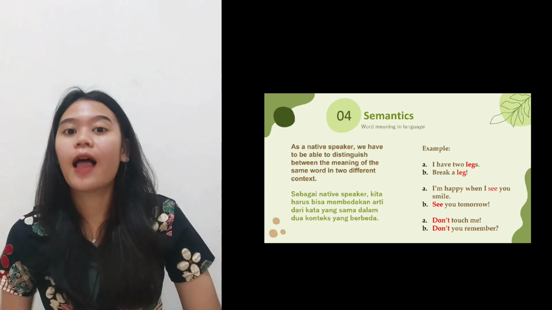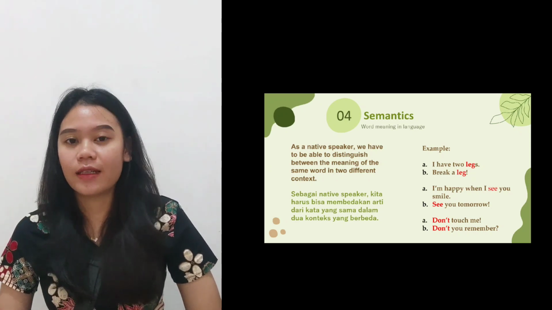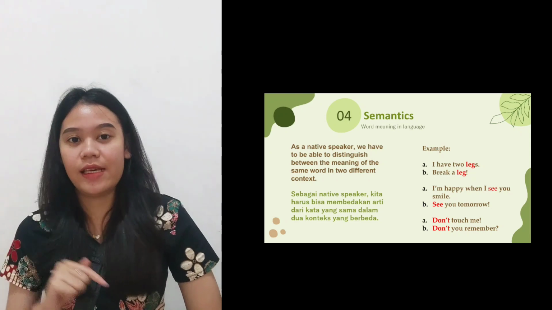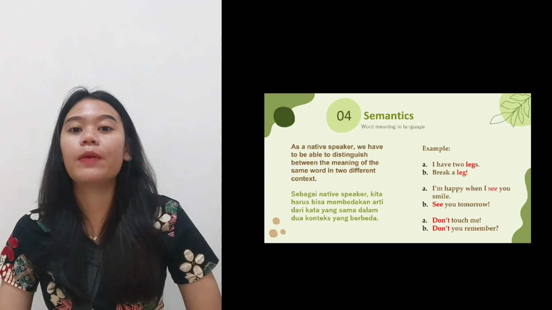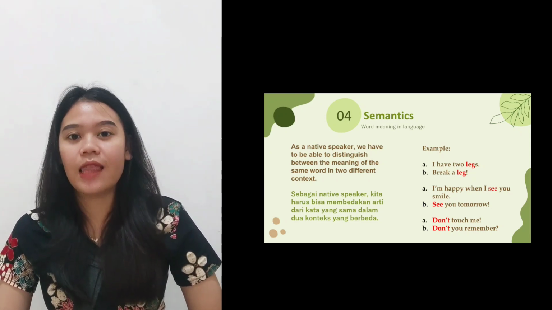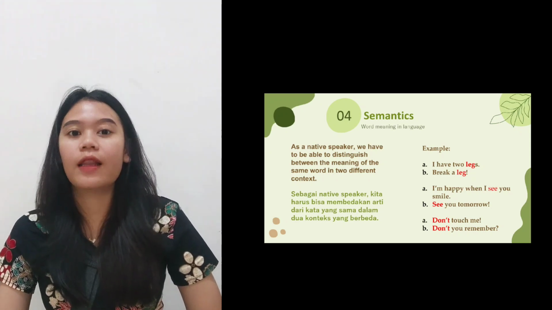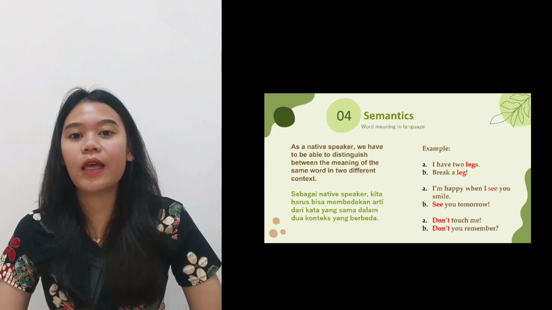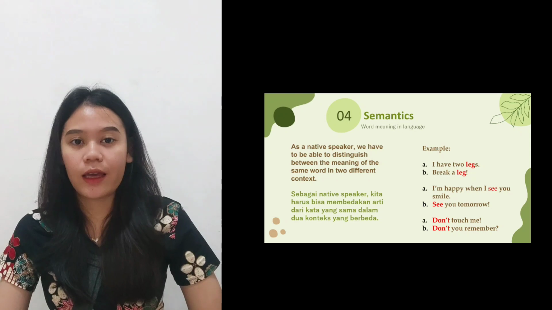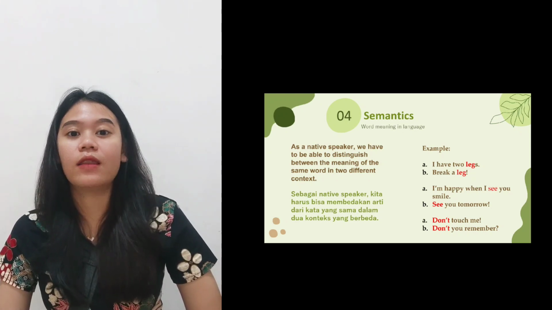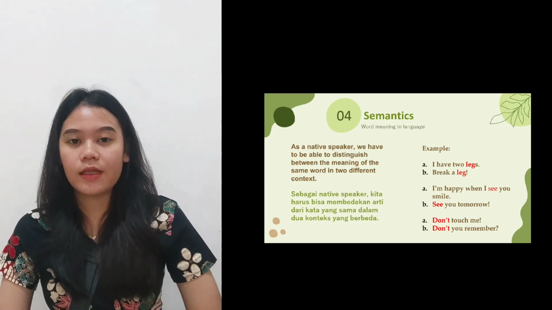The word leg in the sentence I have 2 legs means kaki, but it is different in the sentence break a leg. It doesn't mean that we break our leg, but it has another meaning, which means semangat.